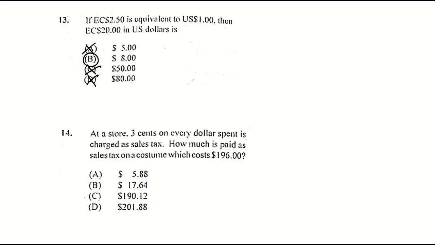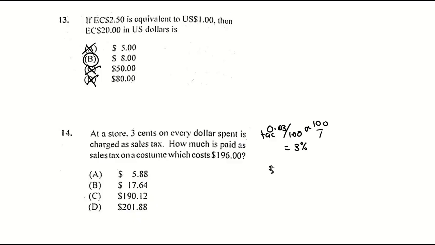At a store, 3 cents on every dollar spent is charged as a sales tax. How much is paid as sales tax on a costume which costs $196? Right. So we know that your tax is 3 cents over a dollar, 0.03 over 1, multiplied by 100 over 1. That is 3%.